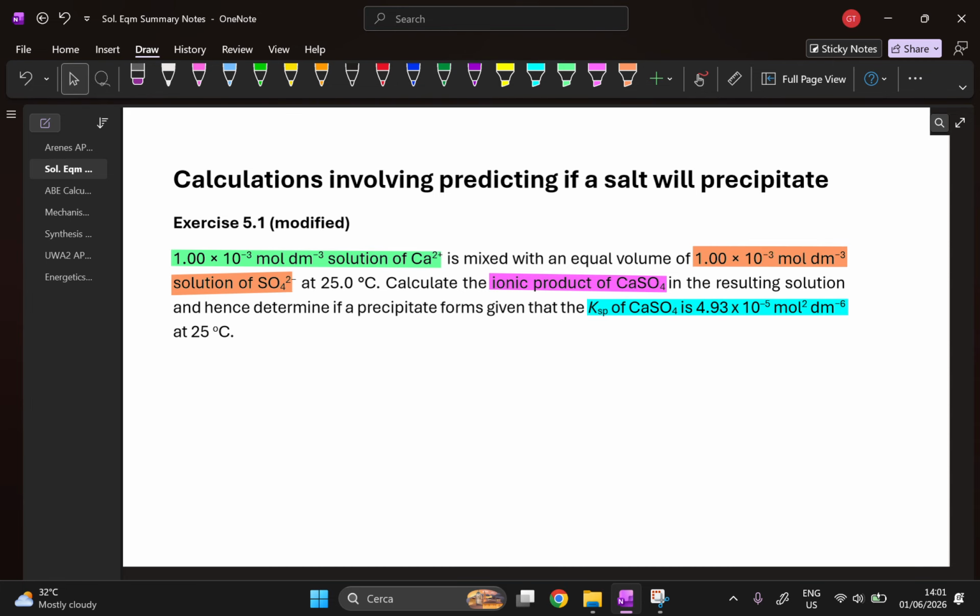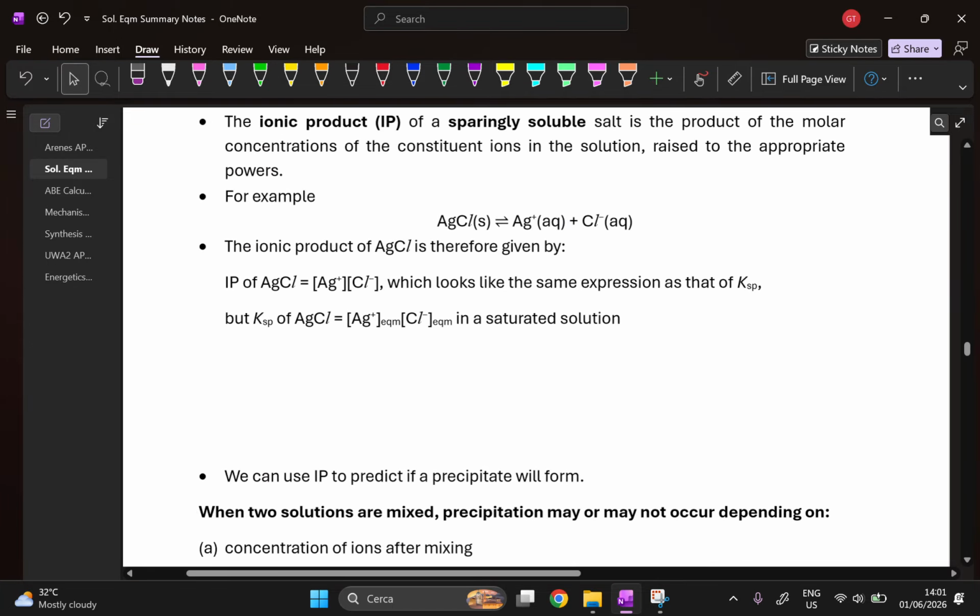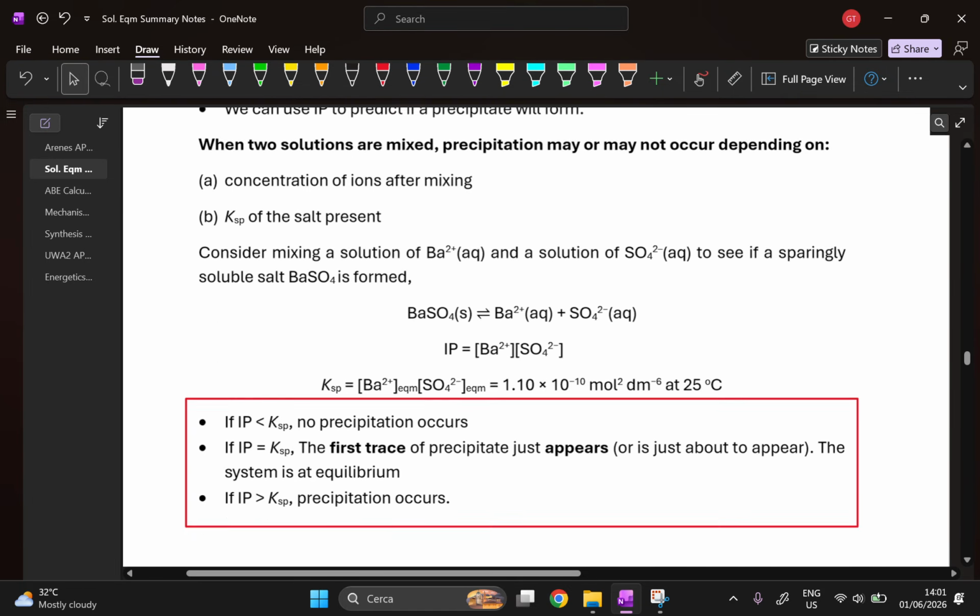So in order to determine if a precipitate forms, you are going to need to calculate IP and then determine, based on the red box, which of the following three scenarios it is, and then therefore if precipitation will occur or not. But in order to determine IP, I need these instantaneous concentrations. That is the main focus of what we're going to calculate.